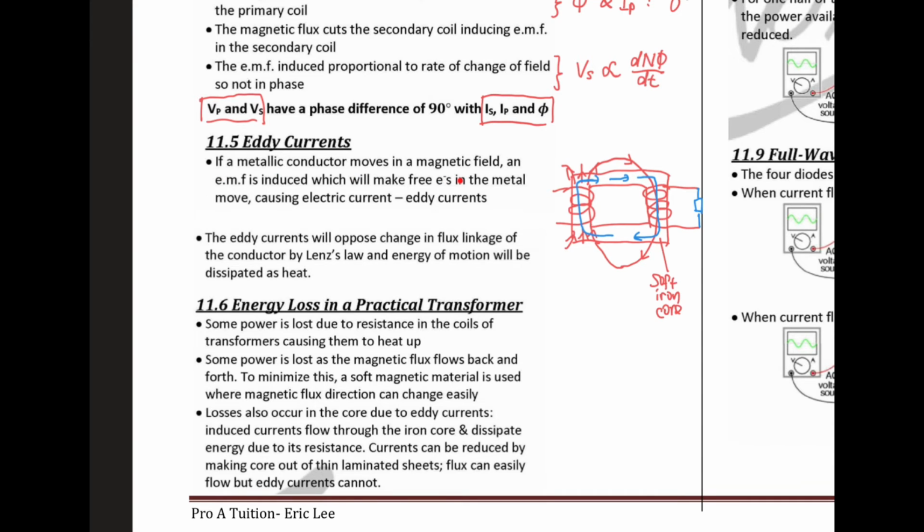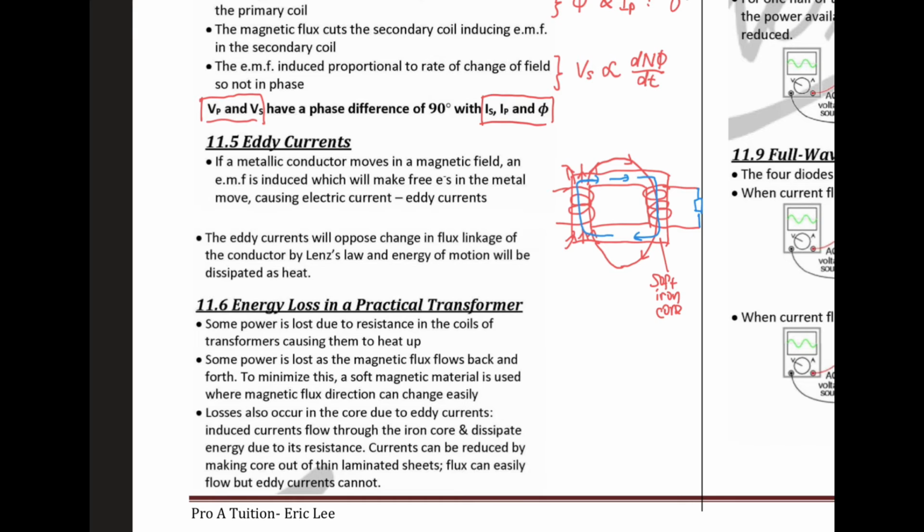Then the free electrons will move to form an electric current. If the electric current is formed in the secondary coil, we don't call it eddy current, we just call it secondary current. But if it is formed in the soft iron core, then we call it eddy current. The eddy current will oppose change in flux linkage of the conductor by Lenz's law, and energy of motion will be dissipated as heat.